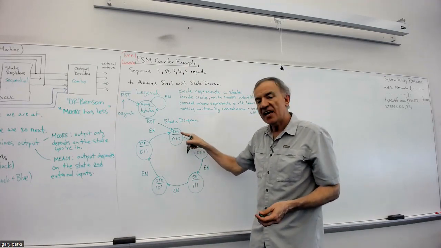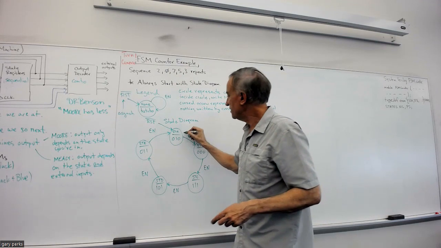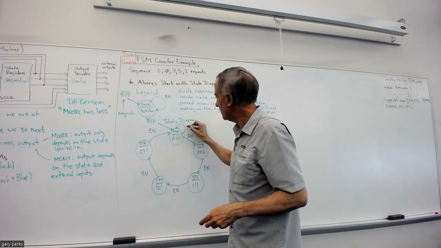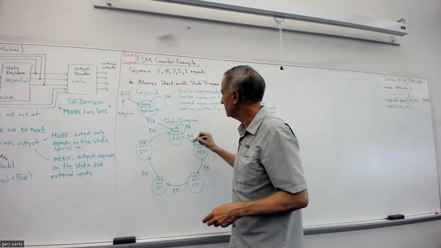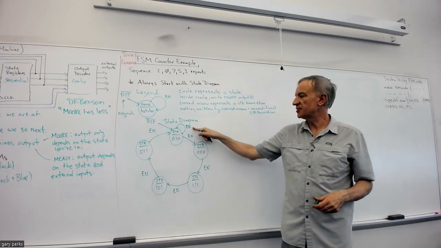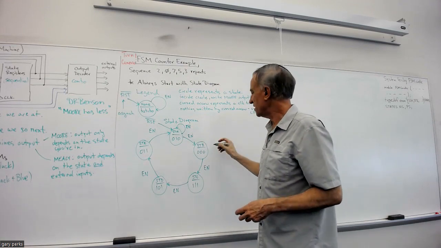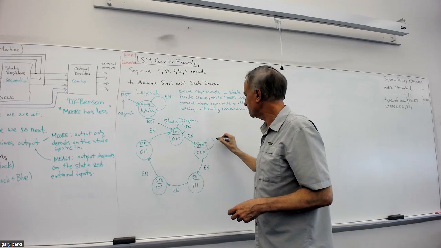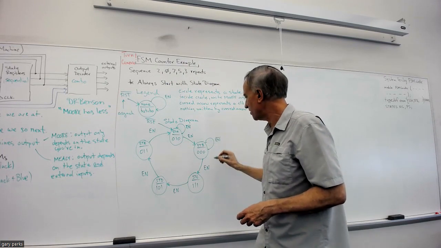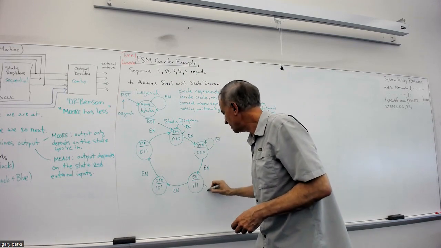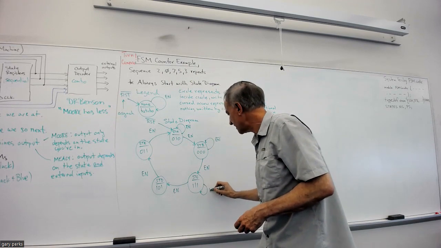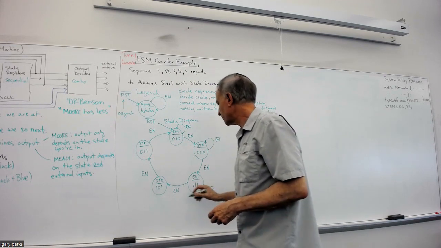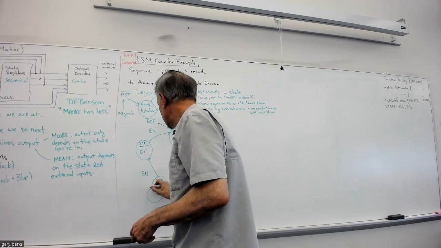So if we're in state A and enable is not active, we just stay in state A. I would show it like this, right? When enable is not active, when it's low, we stay in A. When we're in state B, if enable is not active, we'll stay in that state, and same thing for all these states. It's only when enable is a 1, active high, that we will progress through the sequence.